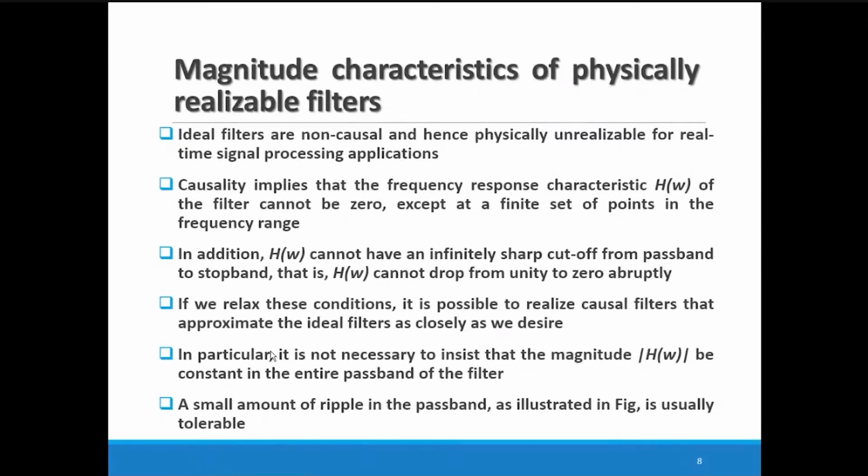Causality implies that the frequency response characteristic H(omega) of the filter cannot be 0 except at a finite set of points in the frequency range. As we discussed in the Paley-Wiener theorem, for a few points it may have the 0 value, but it will not have continuous 0 values for some band of frequencies.